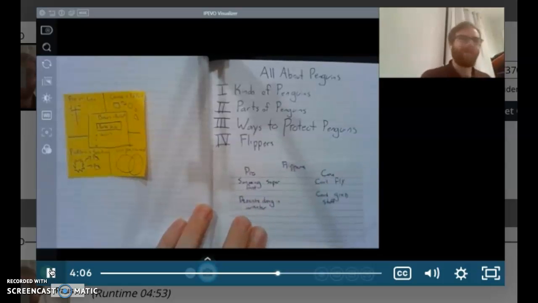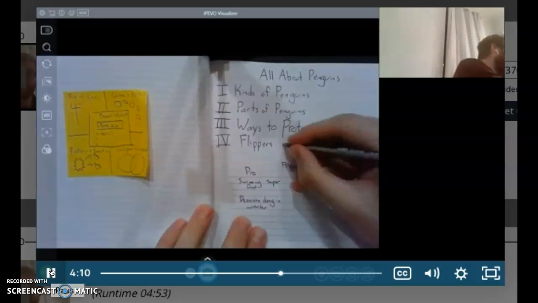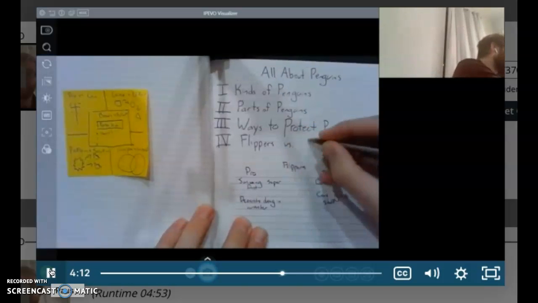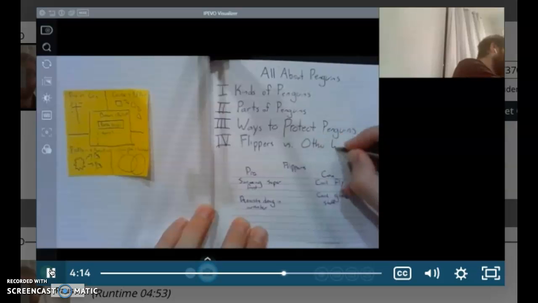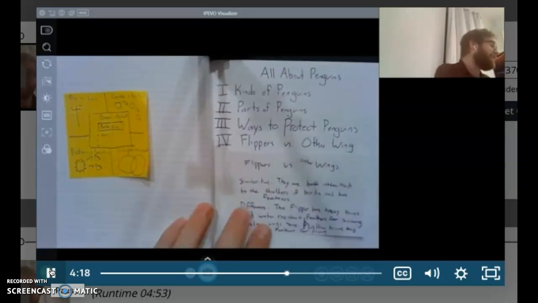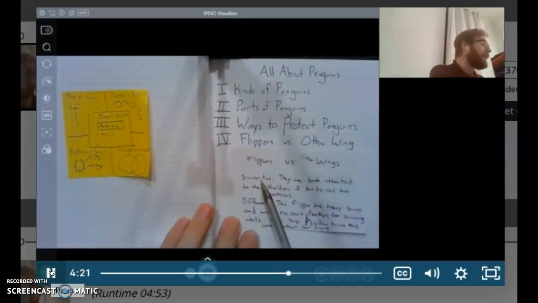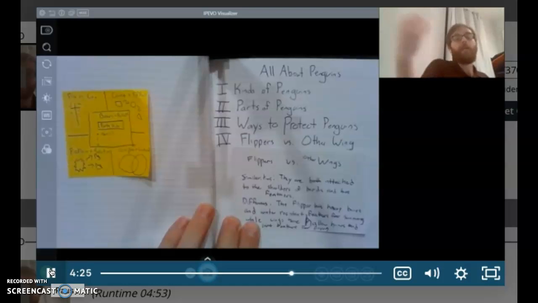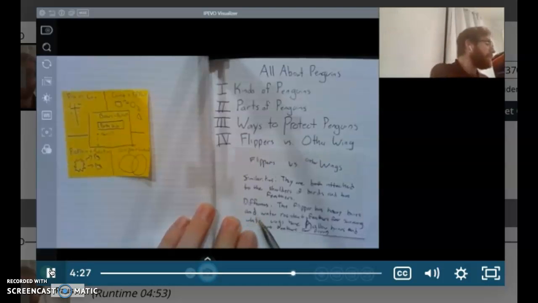I could do this a different way though, right? Maybe I could do a compare and contrast. I could do flippers versus wings or other wings. I've been reading a lot about that in my research, and I thought this was really cool. So, I could do what are the similarities of flippers and other wings? They're both attached to the shoulder, they all have feathers. And then I could think about what are the differences, right?